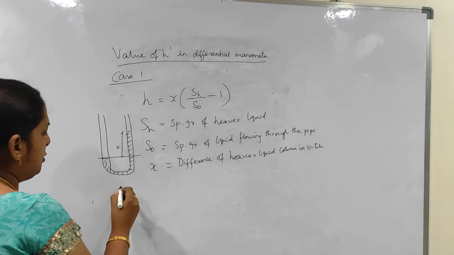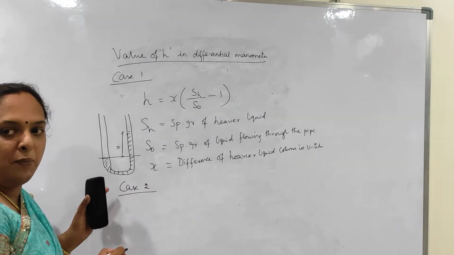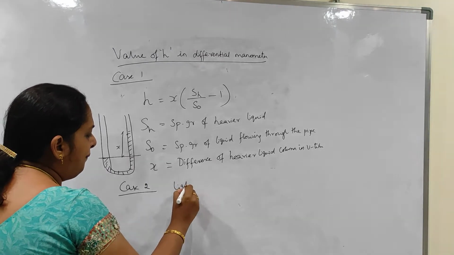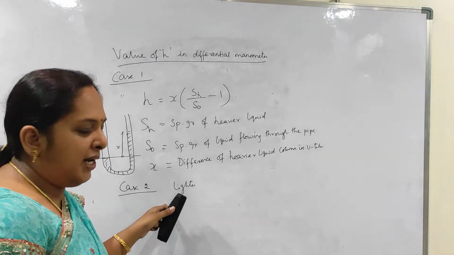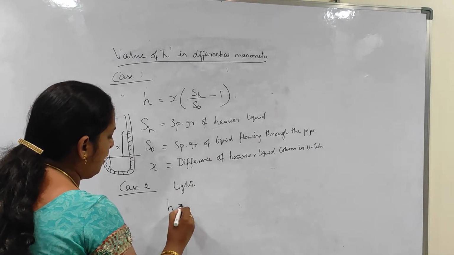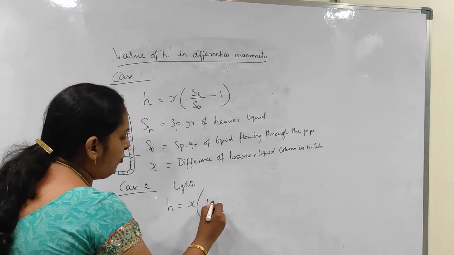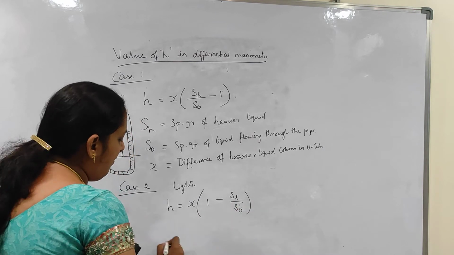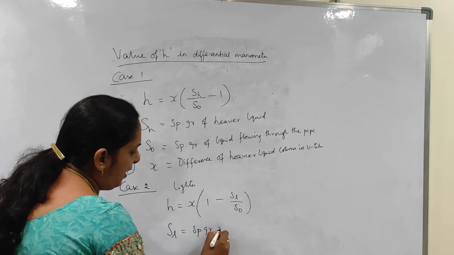In case 2, we are going to consider that the U-tube manometer is made up of a lighter liquid compared to the flowing fluid. So here the equation will be H is equal to X into the same thing, but here it is 1 minus SL by S0, where SL is the specific gravity of the lighter liquid.